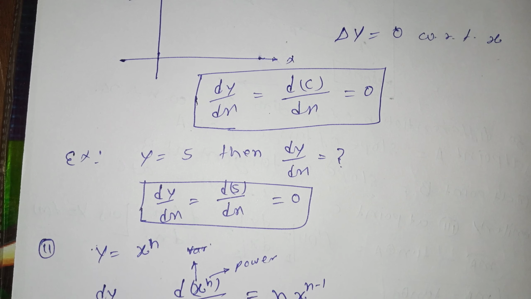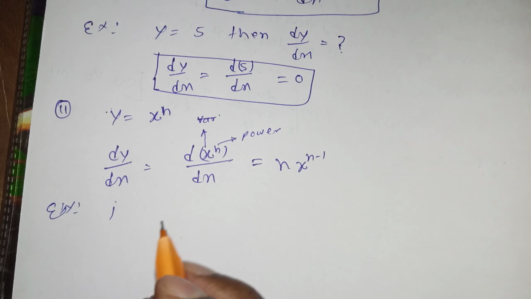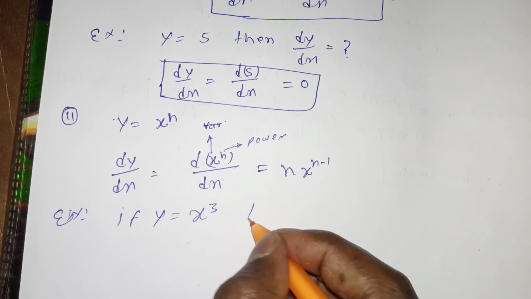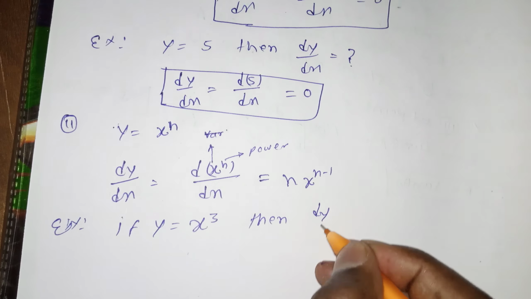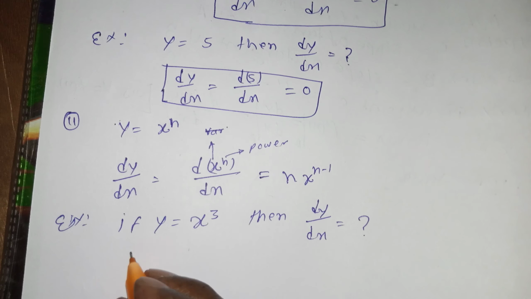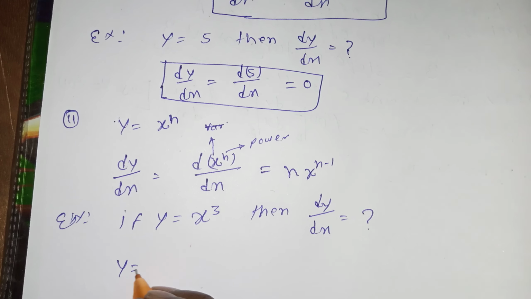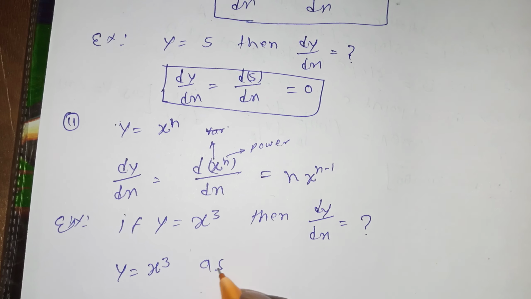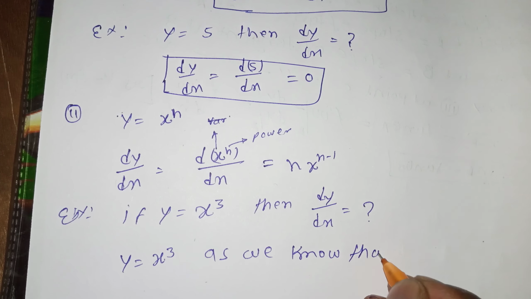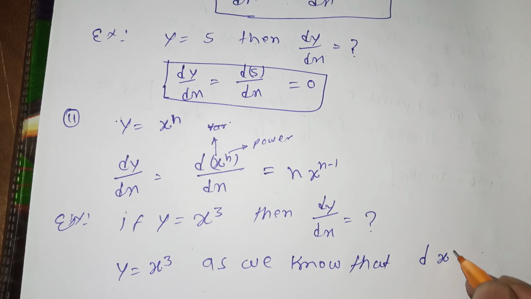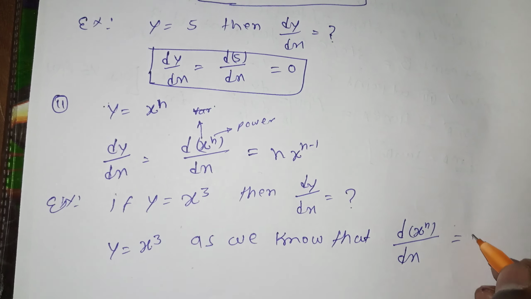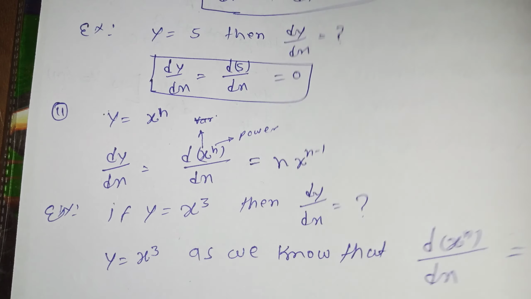Example, if y equal to x cube, then find dy by dx. As we know, d(x to the power n) by dx equals n x to the power n minus 1.